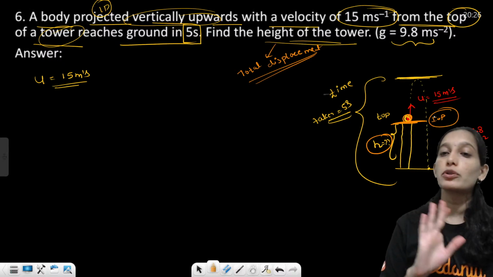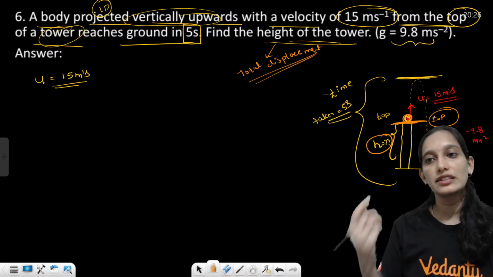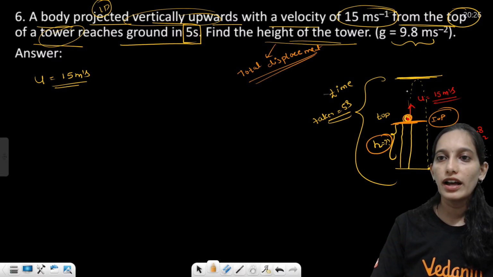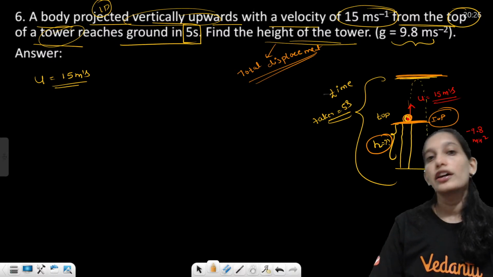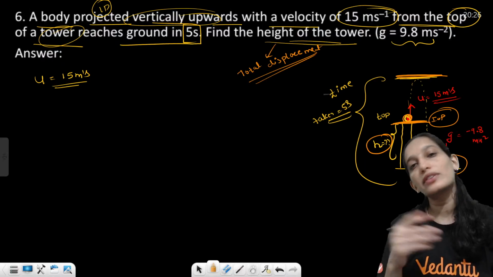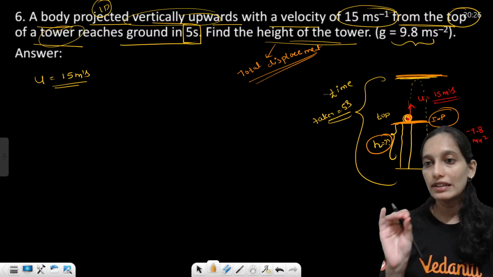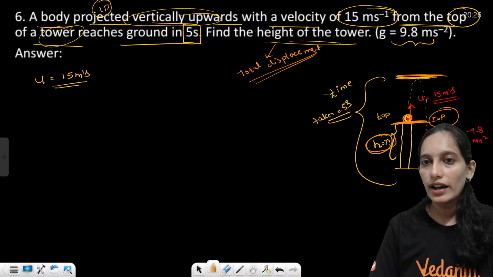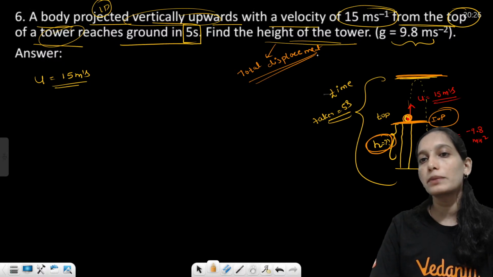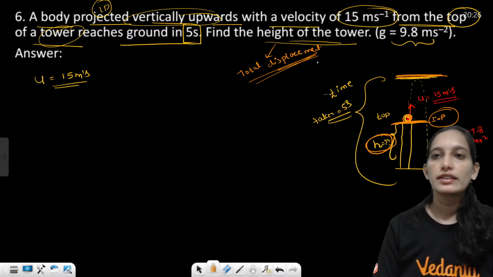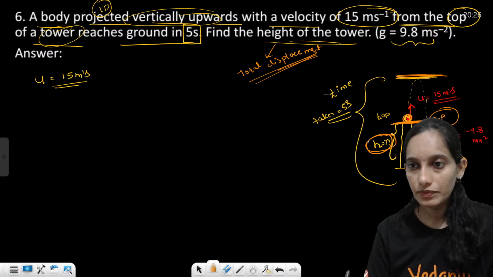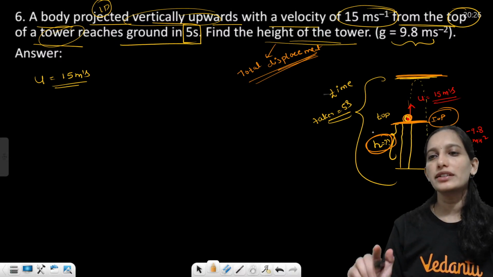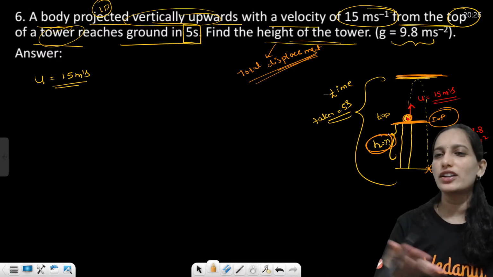We are not talking about the distance traveled. The distance traveled is greater, because the body has to reach this height and then come back to the top of the tower and then to the ground. If you talk in terms of distance traveled, it is a different story. But here the total height will be equal to the displacement of the body. So that is very important. We are directly finding the displacement.